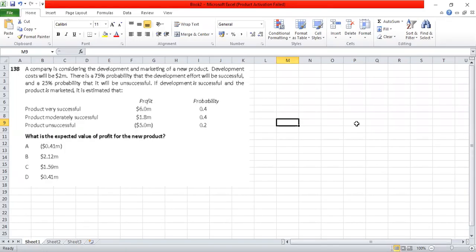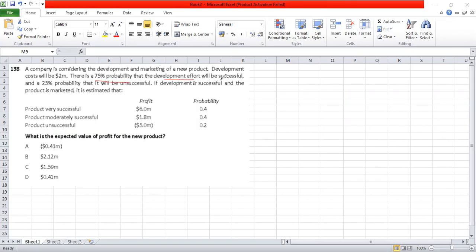Here the case states that a company is considering the development and marketing of a new product. Development cost will be 2 million, that is the cash outflow. If they invest in development and marketing of this new product, then there is a possibility that it would not become successful. There is a 75% probability that the development effort will be successful.